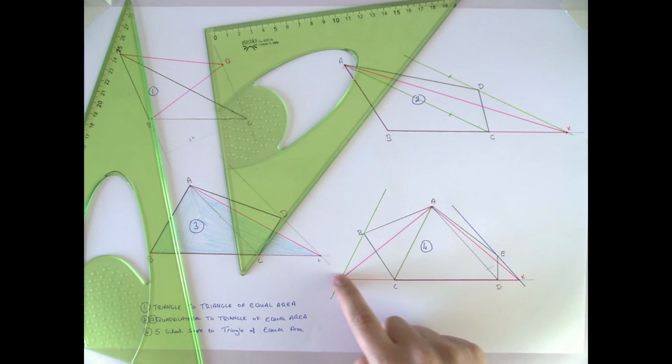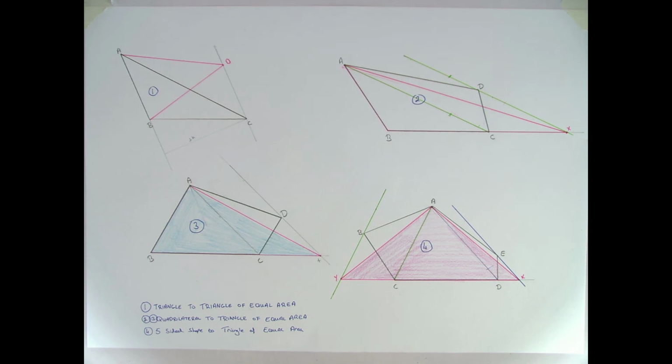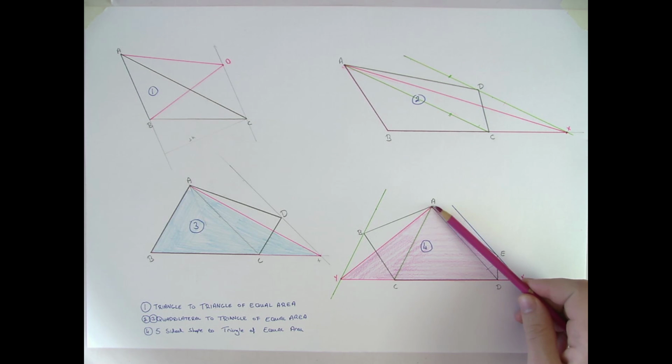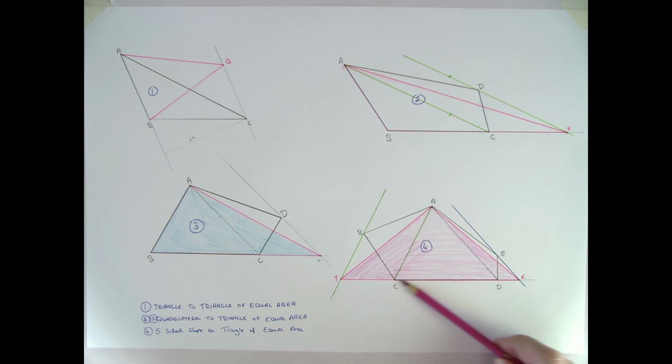Now this pink area here, AYX, is a triangle equal in area to the pentagon that we looked at earlier. So this pink area is equal in area to the pentagon that we had earlier on, A, B, C, D, E, back up to A, equal in area to A, Y, X.